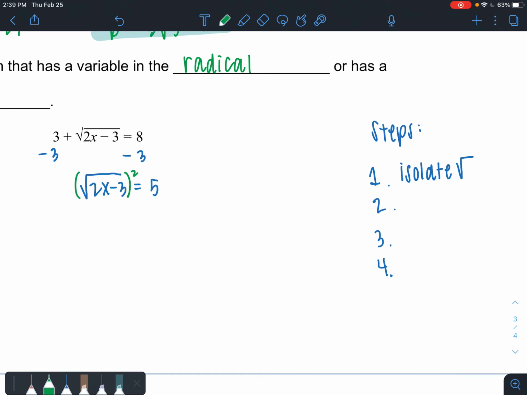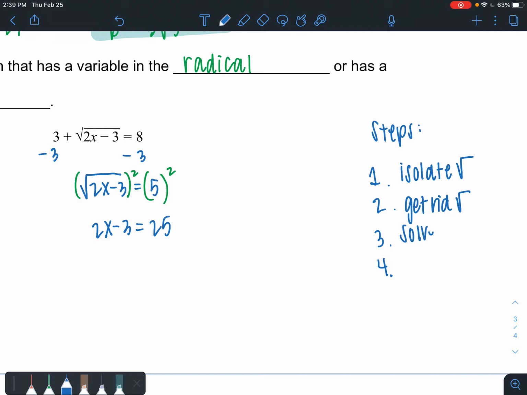From there, go ahead and square both sides. So we'll get rid of the square root. So we get that 2x minus 3 equals 5 squared is 25.